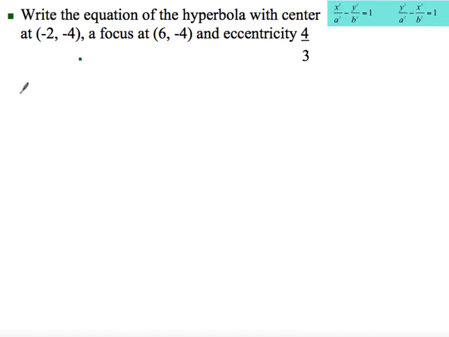Another example for us to look at: write the equation of the hyperbola that has a center at -2, -4, and a focus at 6, -4. Also eccentricity of 4/3. As we figure this one out, that's not really the same as the other examples we have, but they gave us a couple of coordinates.